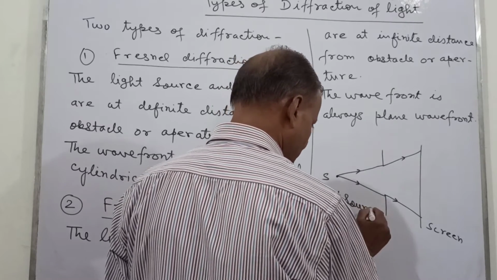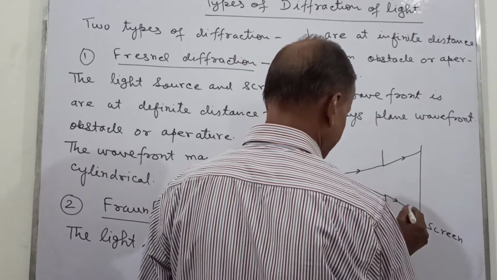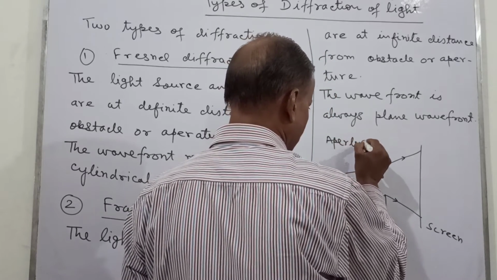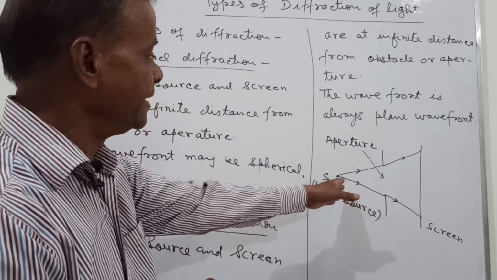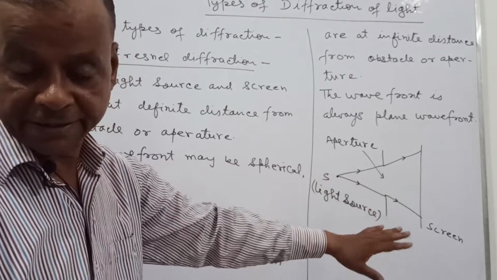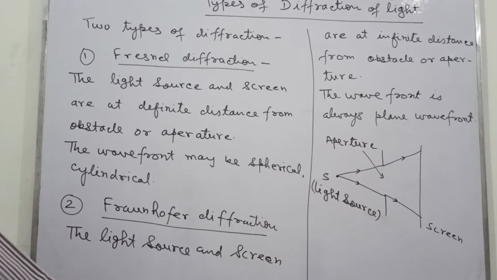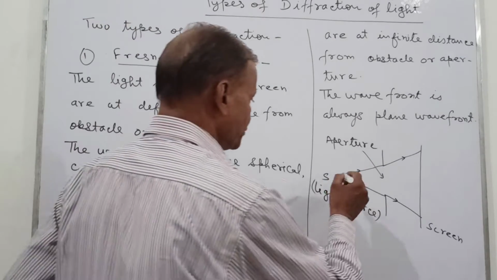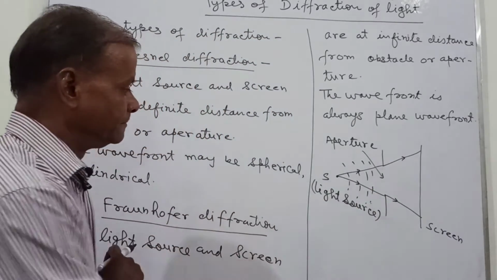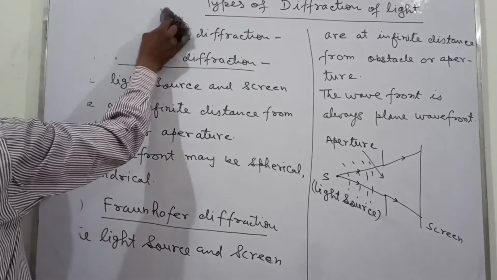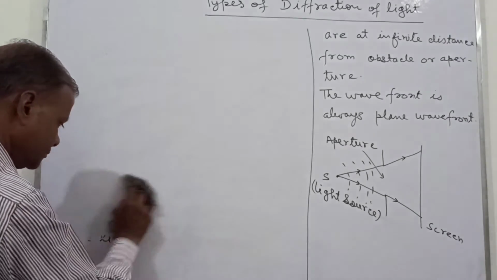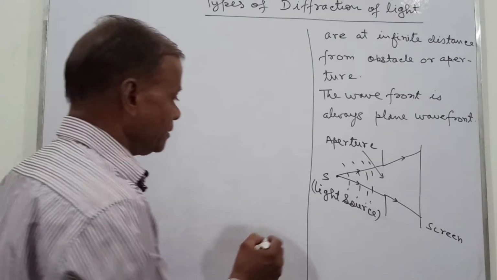So here we can have any kind of wavefront, which may be cylindrical or spherical. So this is Fresnel diffraction.